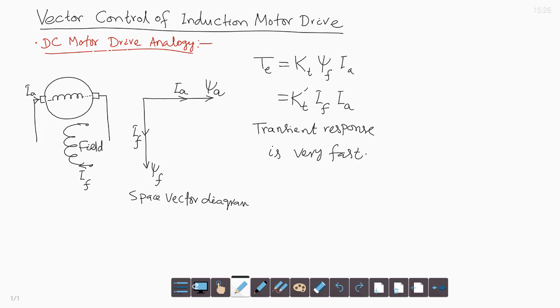And also, speed is controlled below the rated speed by the armature control technique. By varying the armature current alone, field flux is maintained constant at the rated value, that gives the highest torque to current ratio, that is highest torque sensitivity.